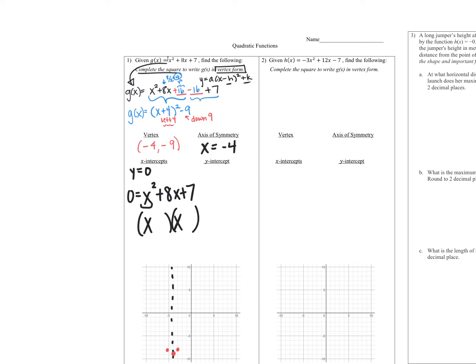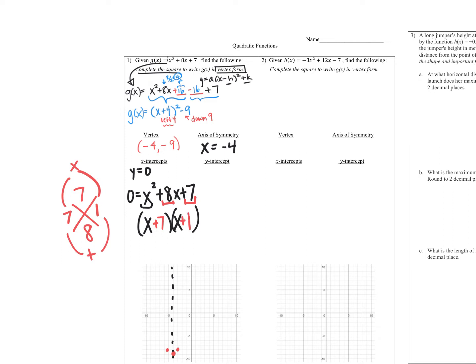And now I need numbers that will multiply to make 7 and add to make 8. If I'm thinking about the little x that we've done before, it's 7, 8. And so that's going to be a 7 and a 1. They multiply to make the 7, and then they add to make the 8. So plus 7 plus 1.